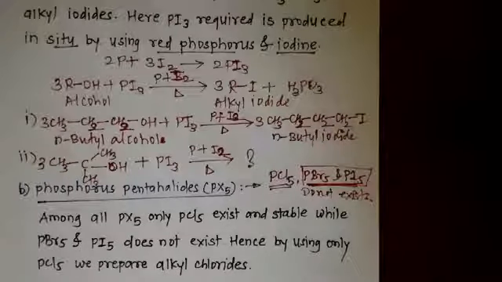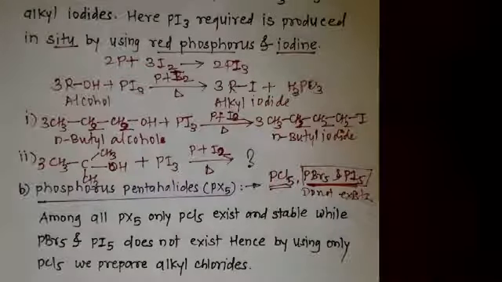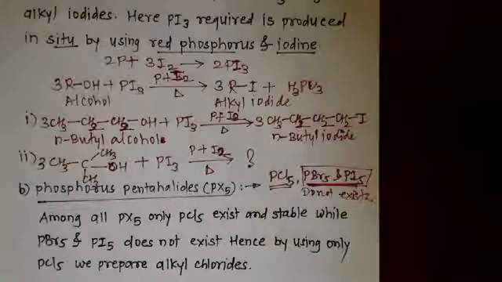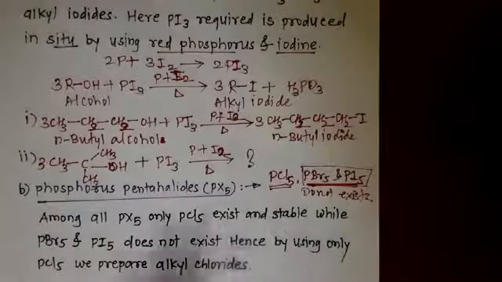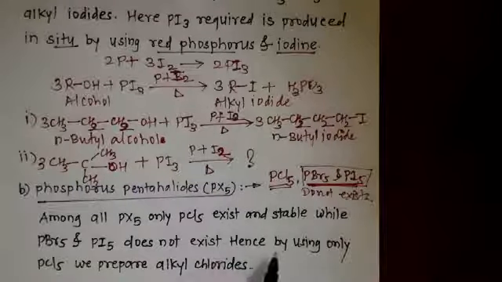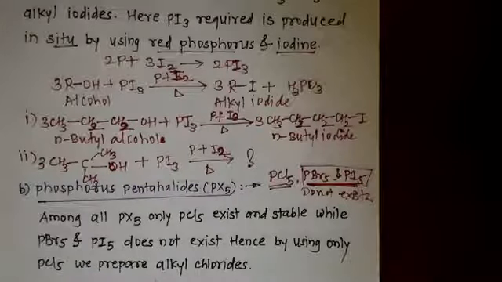Hence, by this method we should prepare only alkyl chloride, not alkyl bromide and alkyl iodide. Among all PX5, only PCl5 exists and is stable, while PBr5 and PI5 do not exist. Hence, by using only PCl5, we prepare alkyl chlorides.